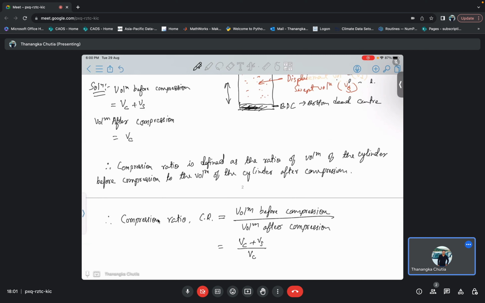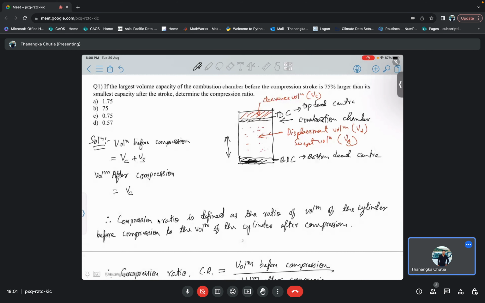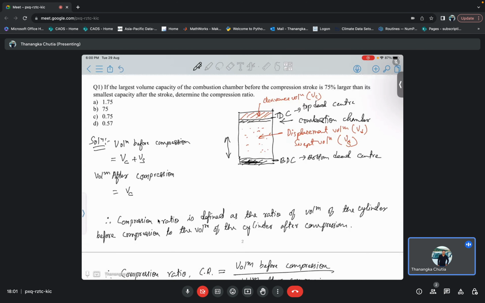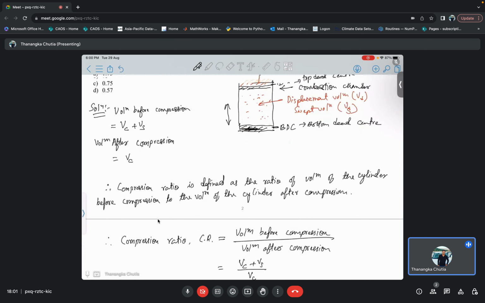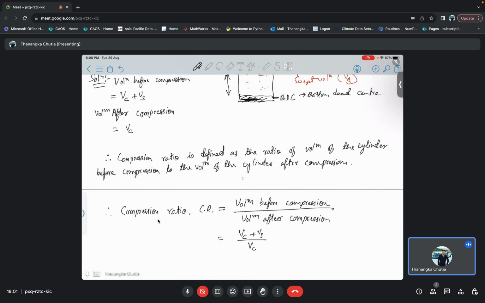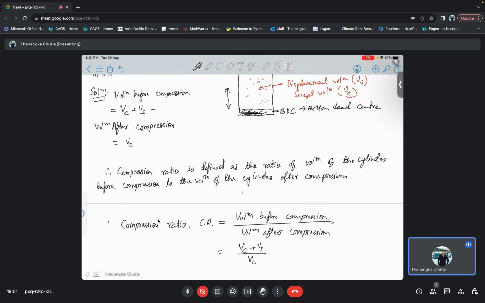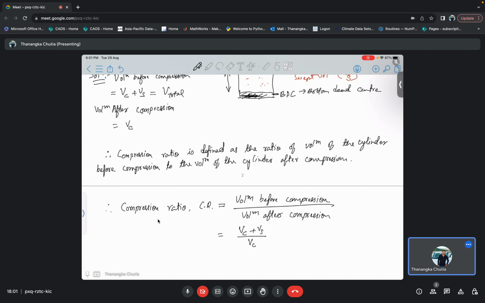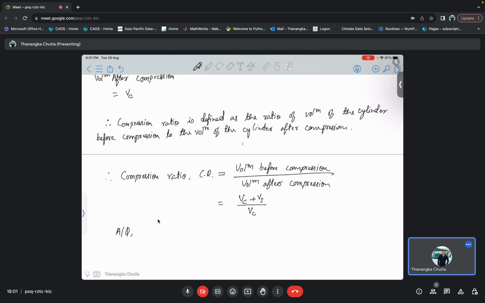Now there is one relationship the question is telling us. If I name VC plus VS as V total, then according to the question, V total is 75% greater than VC.